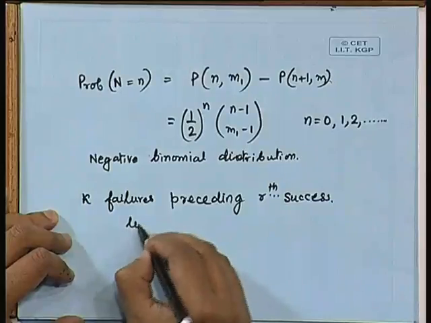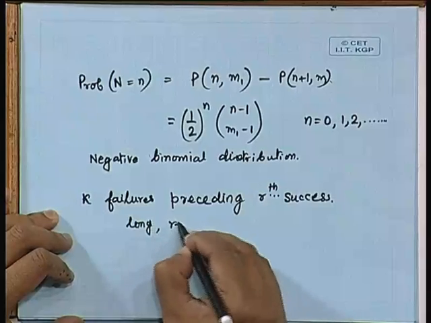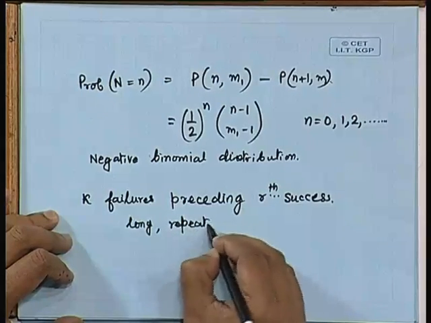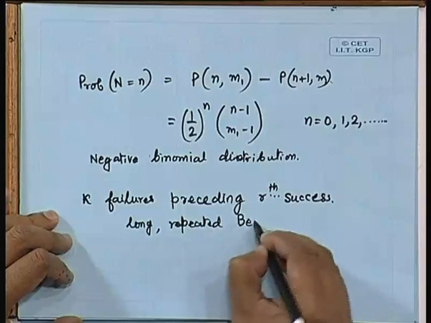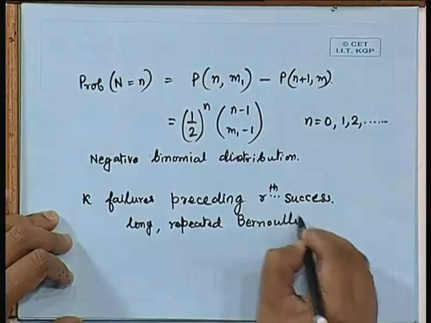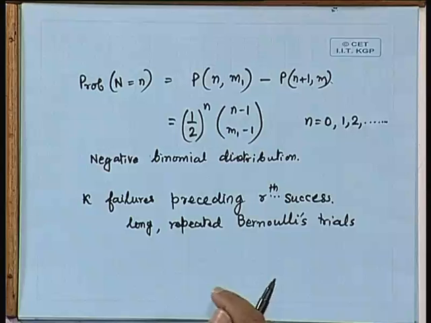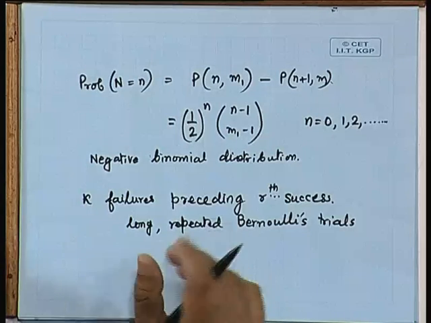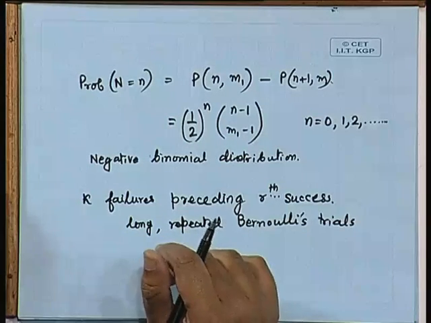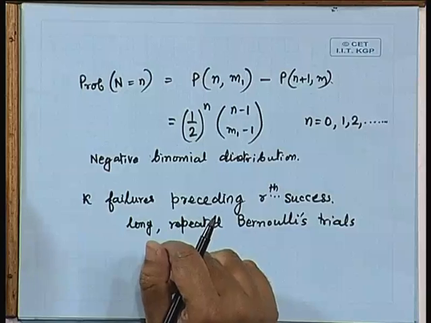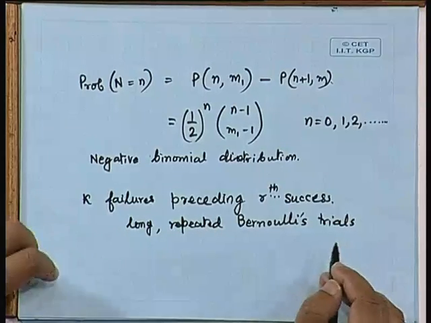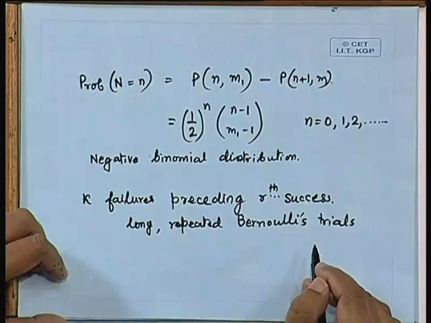So, it is coming from a long repeated Bernoulli trial. In fact, those who are interested should refer to any good book on probability and statistical theory, where this is definitely presented.